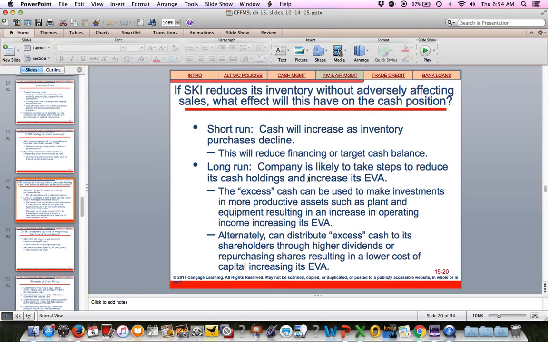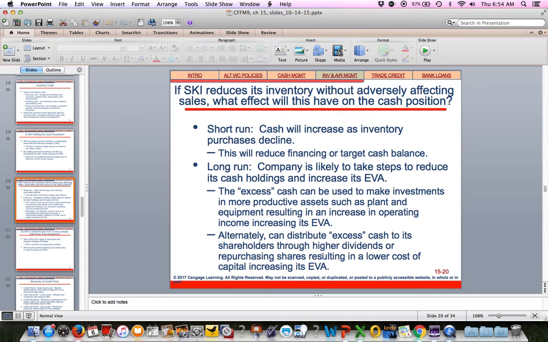In the long run, a company is likely to take steps to reduce its cash holdings and increase its economic value added. As that cash increases, it should be used to make investments in more productive assets, maybe property, plant, and equipment, or returning it to our owners as dividends, or paying off long-term debt.